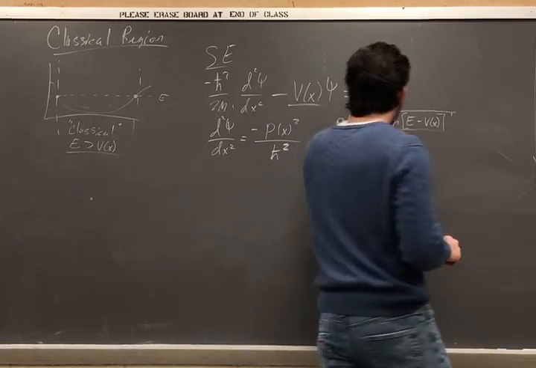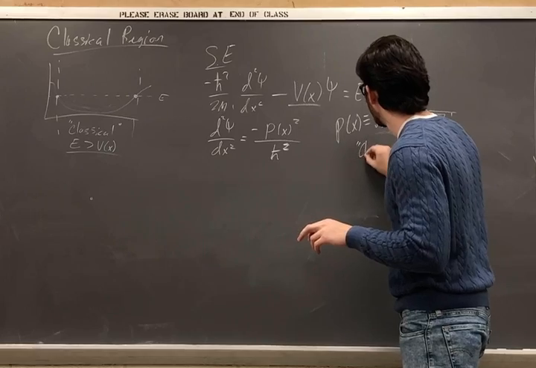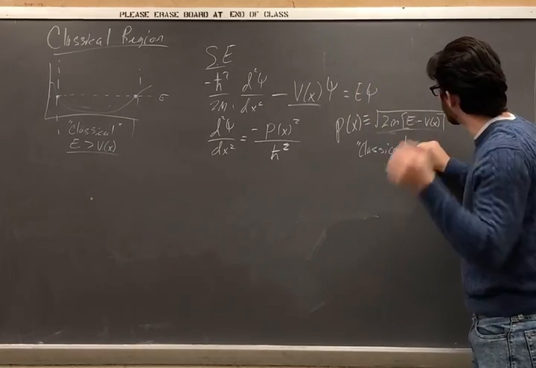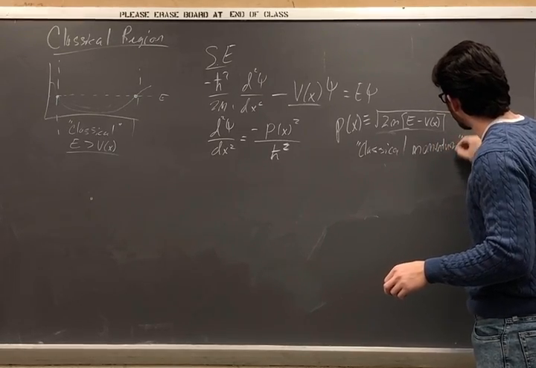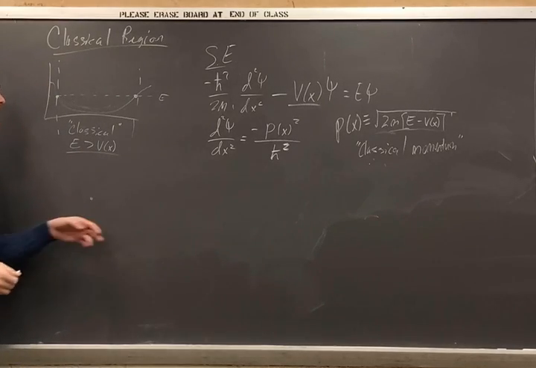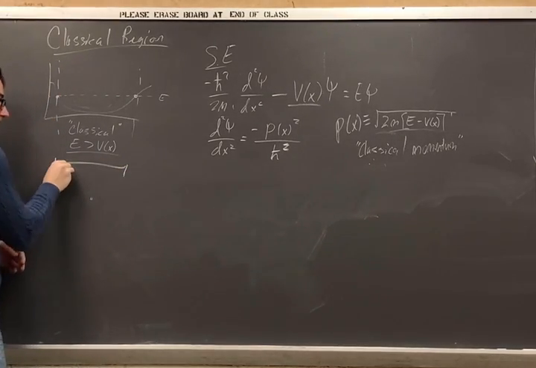Some of you might recognize this as what we call the classical momentum. So it makes sense that we're getting the classical momentum out of what we've considered, which is indeed the classical region.